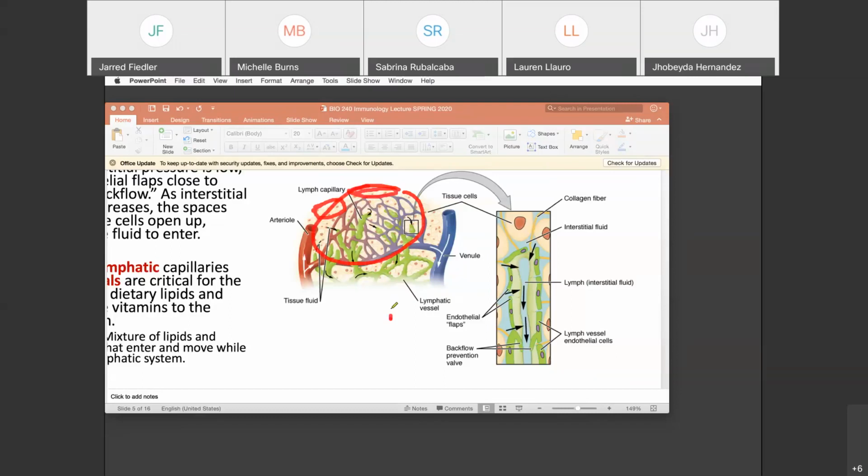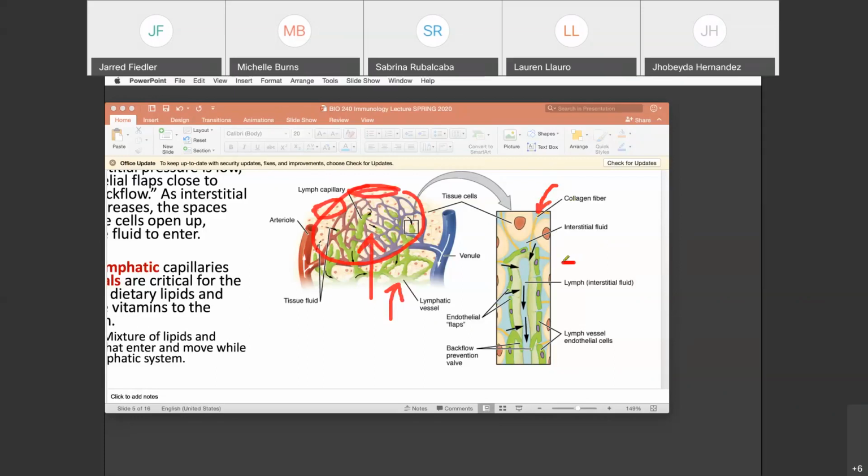The green here represents the lymphatic capillaries and just generally lymphatic vessels. They actually intertwine around where the capillary blood vessels are, and they're going to suck up basically all that leaked out interstitial fluid. And you can actually see over here, if you look closely in this zoomed in picture, you see these gaps.